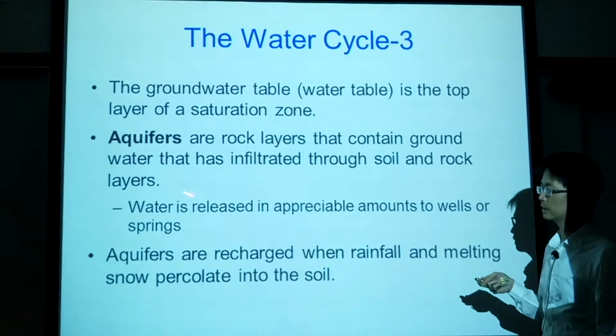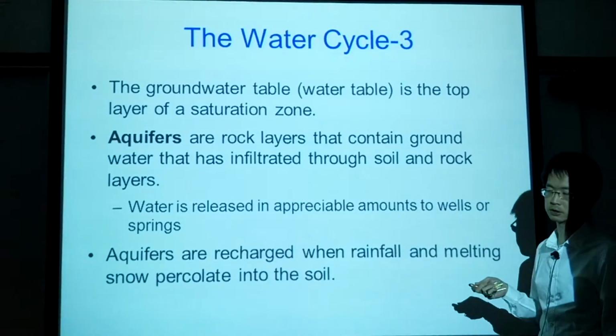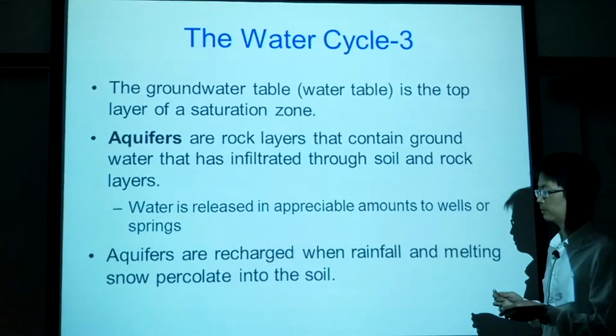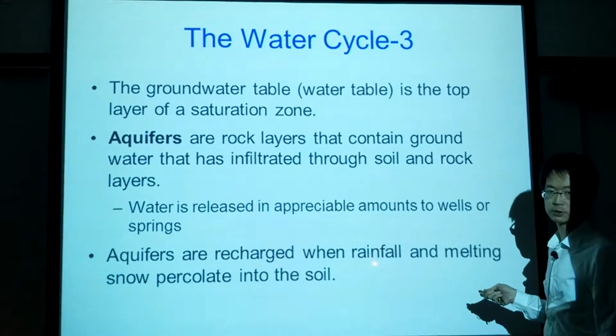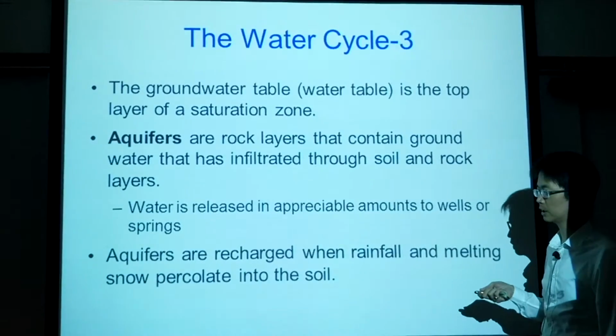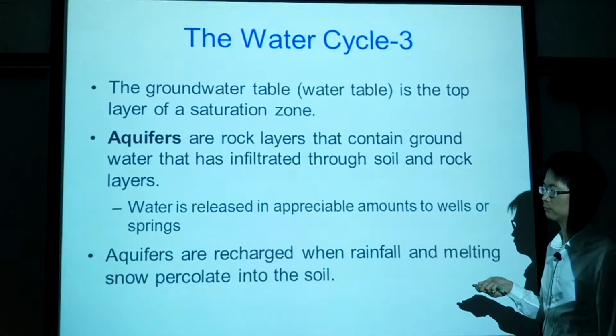We can get these aquifers from wells or springs. The aquifer is replenished by rainfall, precipitation, or melting of snow, also precipitation. So rainfall and snow contribute to the aquifer.